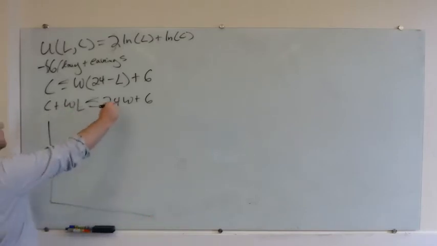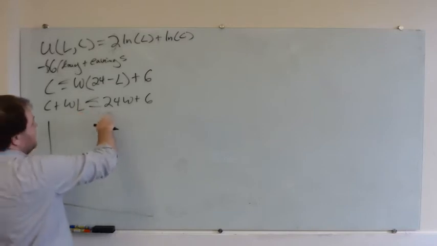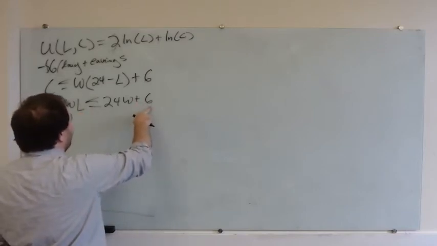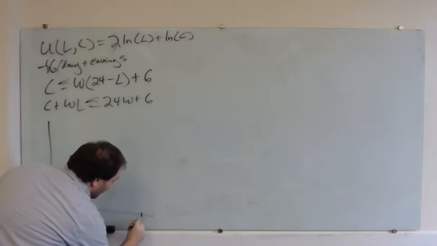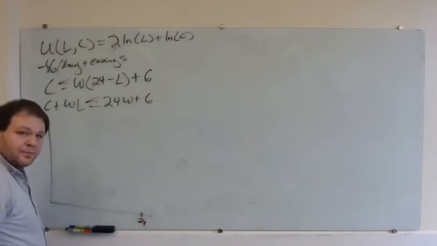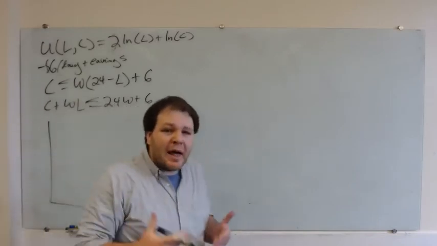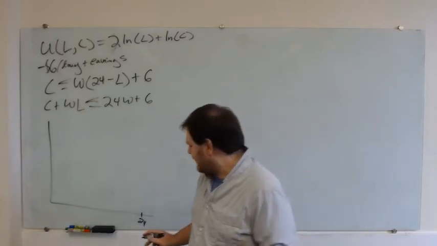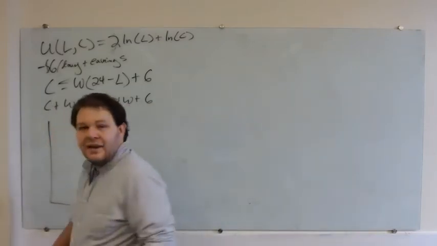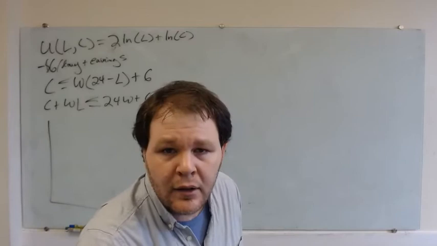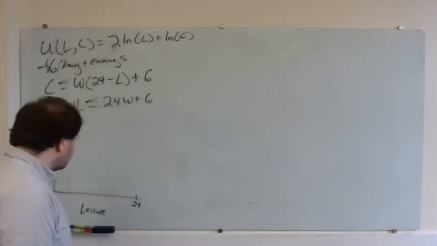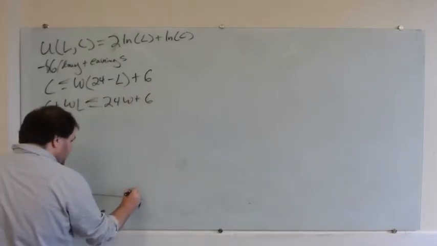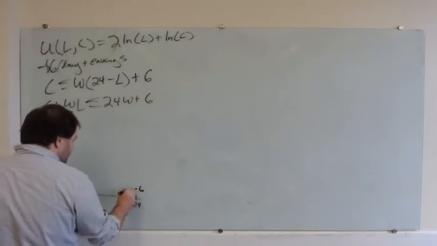If I graph this thing, the most leisure that I can afford, it's not actually 24 plus 6 over W. I only have 24 hours in a day. But if I decide that I'm not going to work at all, I'm going to take 24 hours of leisure, then I still have the $6 a day from my grandma. So I still have a consumption of 6.